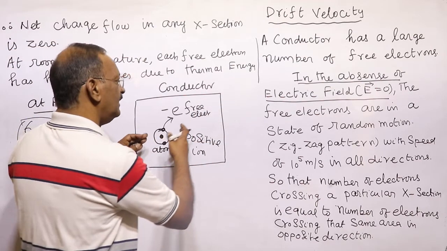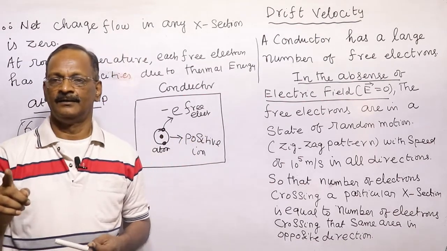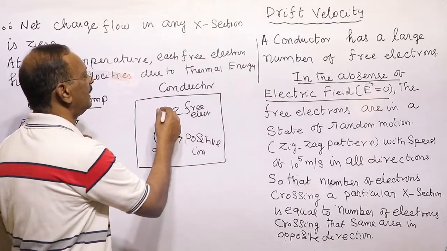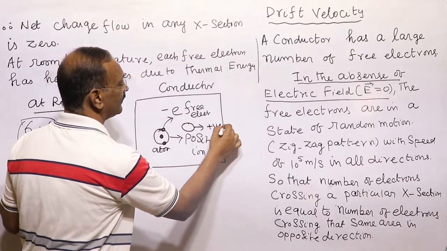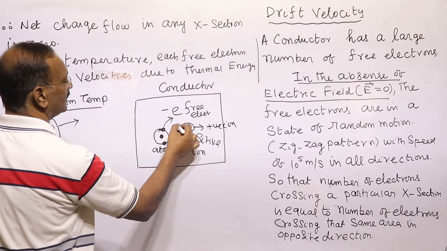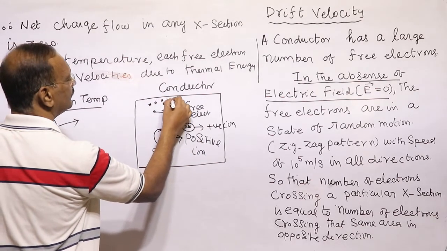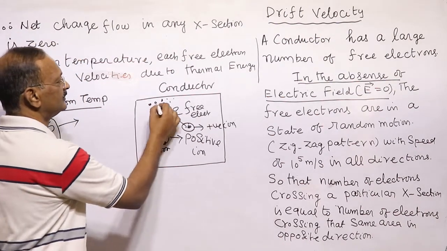There will be a large number of atoms which can lose 1 or 2 electrons from their outermost shell, and they can go to the outer side. This atom will also become a positive ion after losing 1 electron. So there will be a large number of free electrons coming out from each atom.